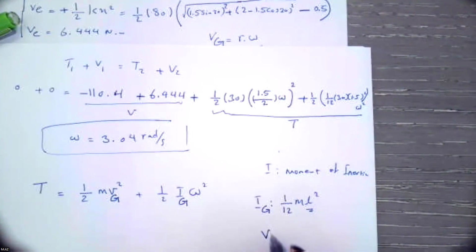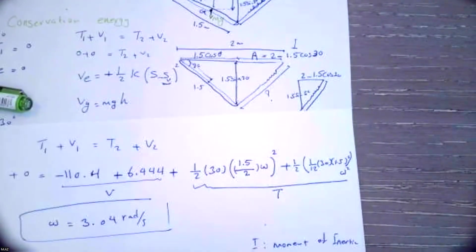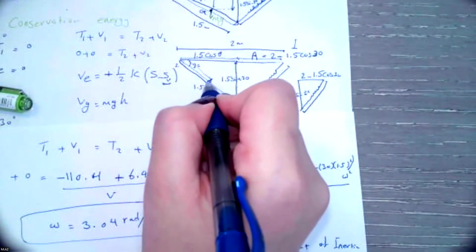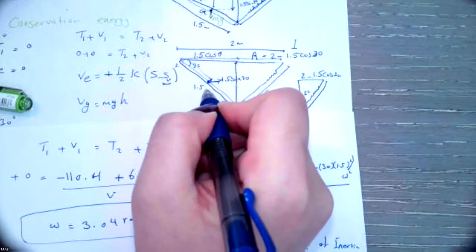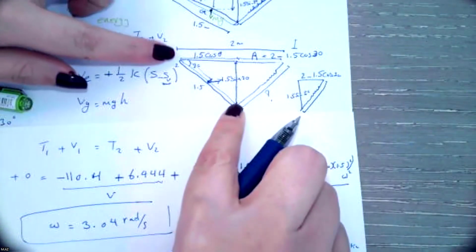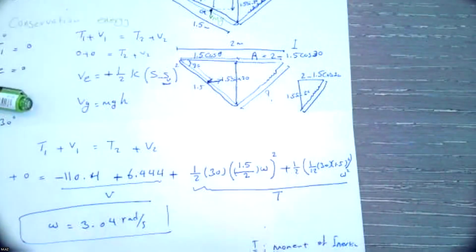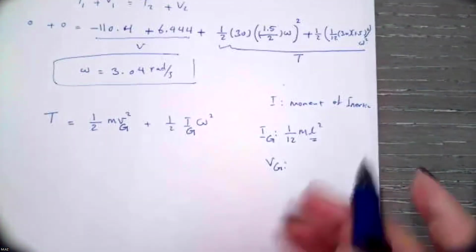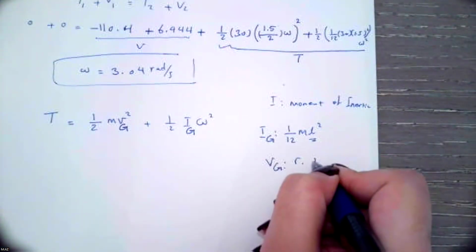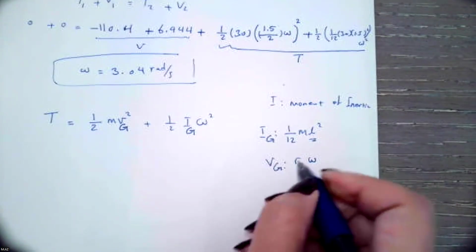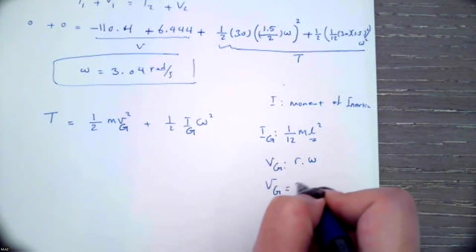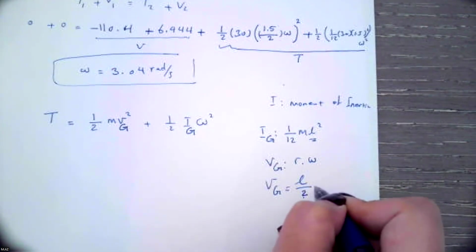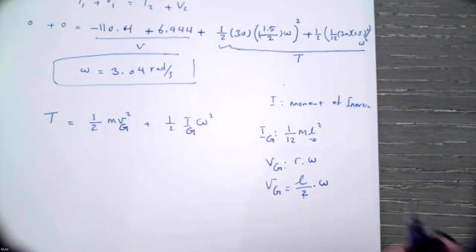The velocity at the center of gravity means that at this point we are working with half of the length of the rod. If we are writing based on r times omega, we have half of the length of the rod times omega.